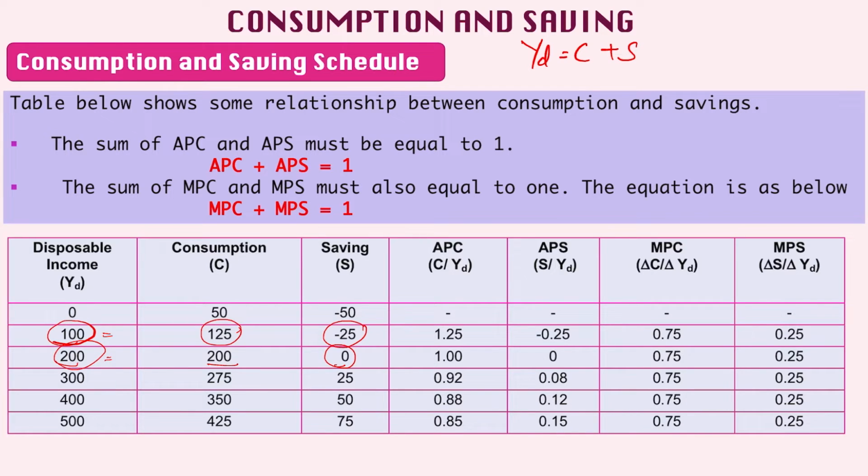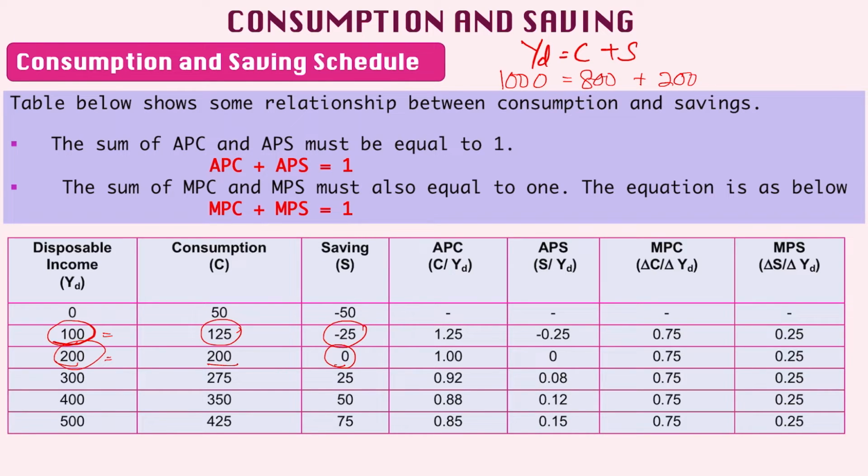For example, your income is 1,000, and consumption, I'll give you one example, is 800, plus saving 200.